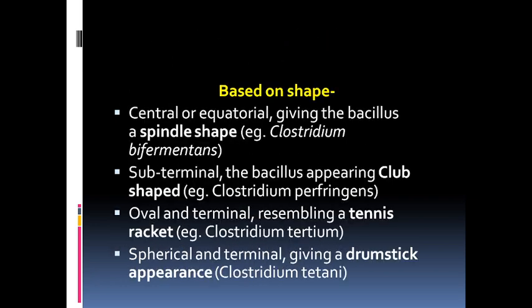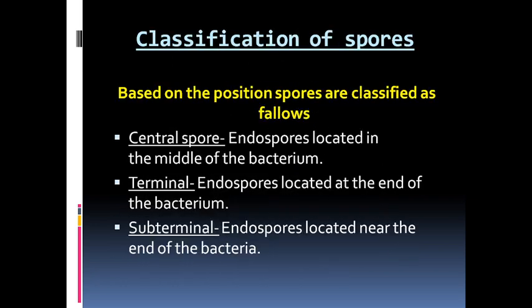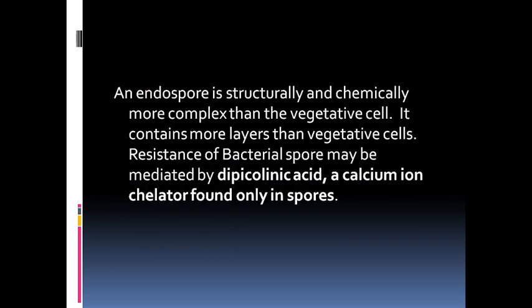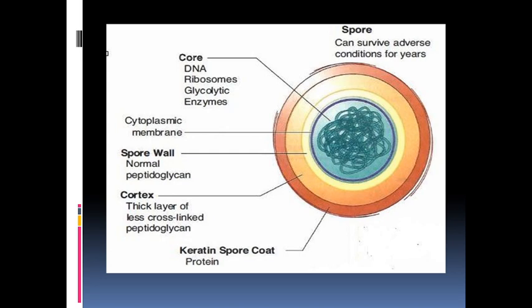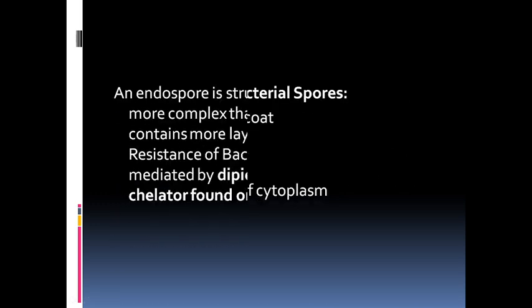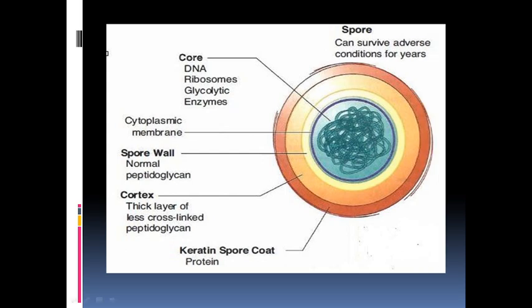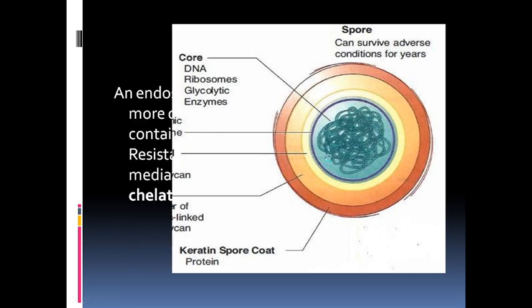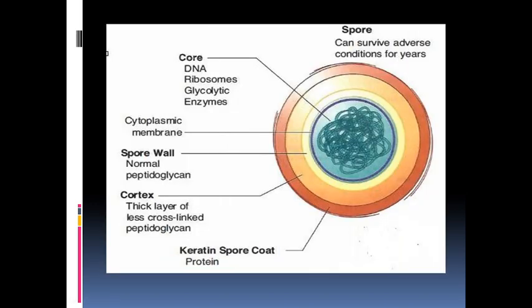In the exam, if you get a question on the endospore, you have to write the structure and explain it. How to explain the structure: at the center of the bacteria is the core, which contains the DNA of the bacteria. Surrounding the core is the cytoplasmic membrane, and surrounding that is the spore wall, made up of peptidoglycan.